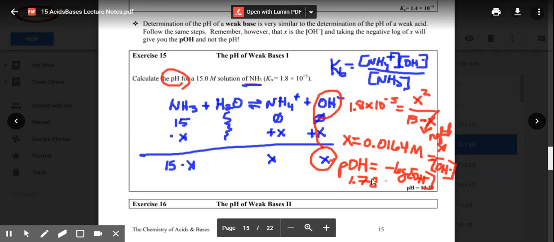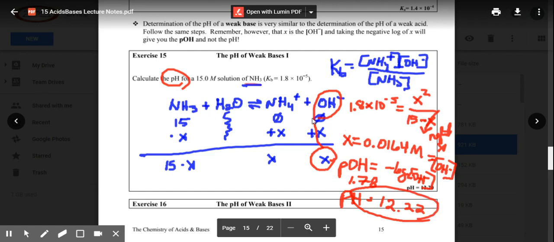Now, the answer wants us to be in pH instead of pOH. So, how do I get to pH from pOH? All I do is I take 14 minus this number, because the pH scale is 1 through 14, so pH plus pOH should equal 14. So 14 minus 1.78 will give me my value, which ends up being 12.22.